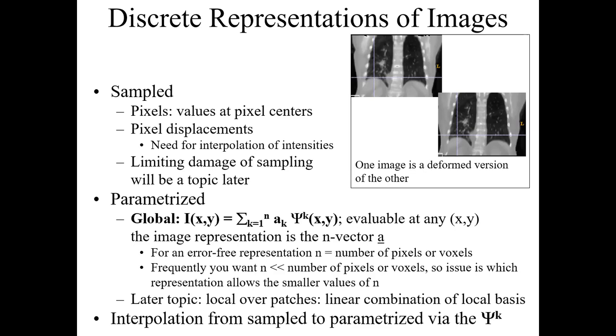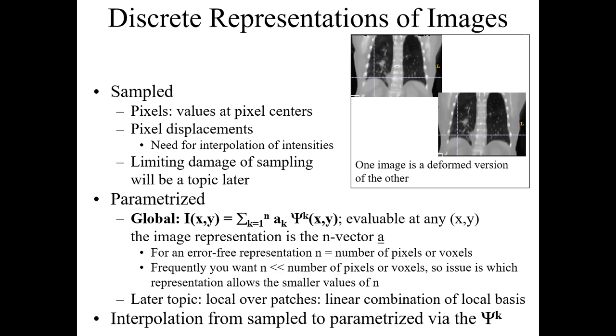Just like for vectors, if you have a space of dimension 2, you need 2 coefficients. If you have a space of dimension 3, you need 3 coefficients. If you have a space of dimension 976, you need 976 coefficients.